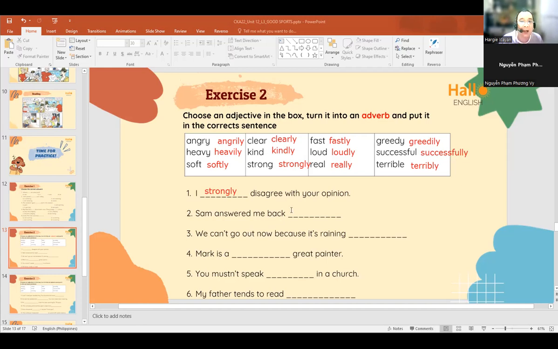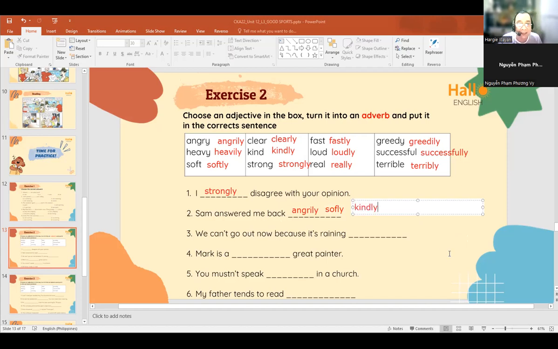So there are a lot of adverbs that we can use to answer that. First would be angrily, or we can also say softly, or kindly.